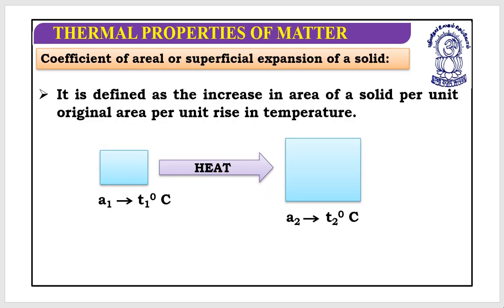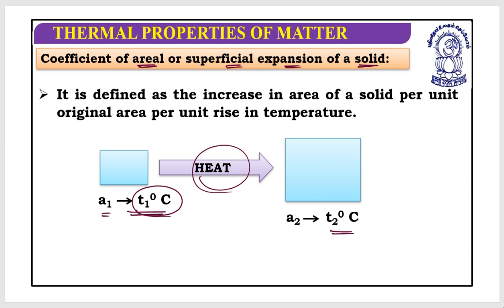First, the coefficient of areal or superficial expansion of a solid. Let's look at this: initially the area of a certain block is A1, at T1 degree Celsius. We are going to heat it up, and now at temperature T2 degree Celsius, this area will be like this.